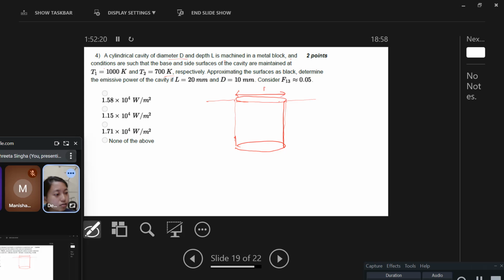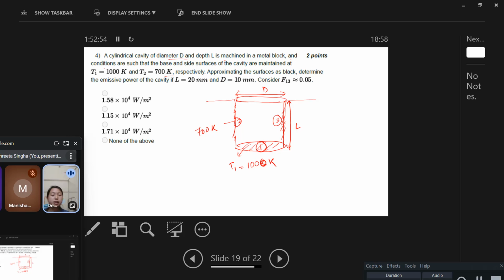This is D, this is L. The base is maintained at T1, 1000 Kelvin, and the side surface is T2, maintained at 700 Kelvin.